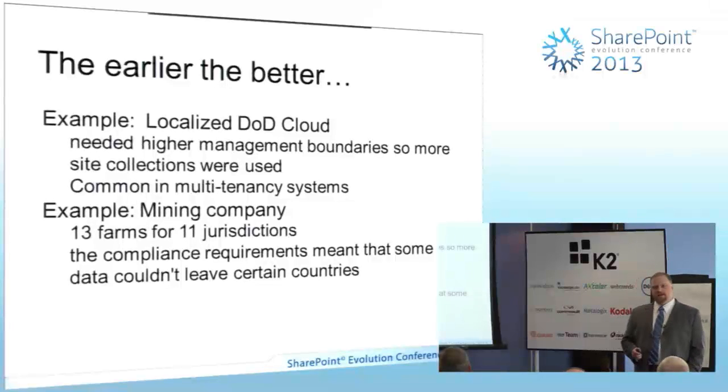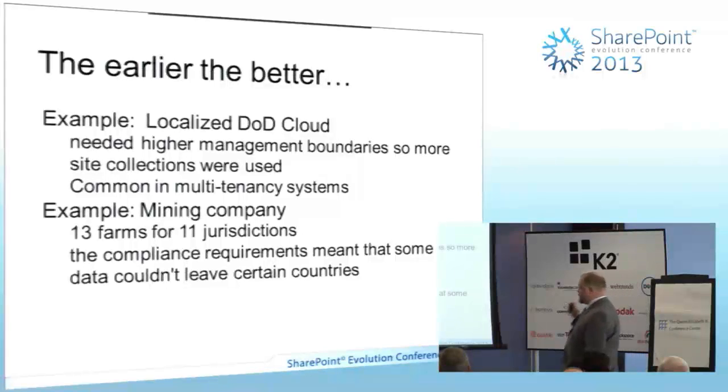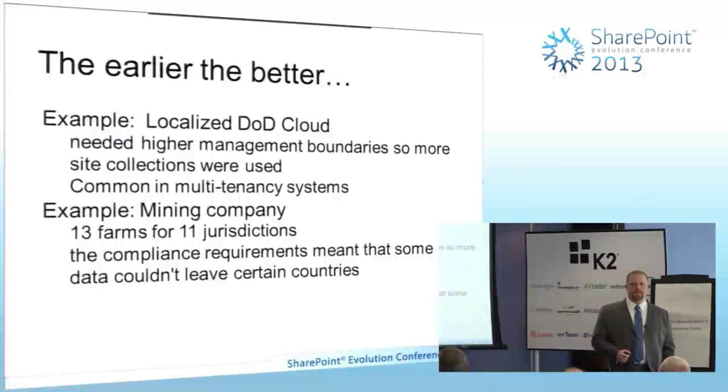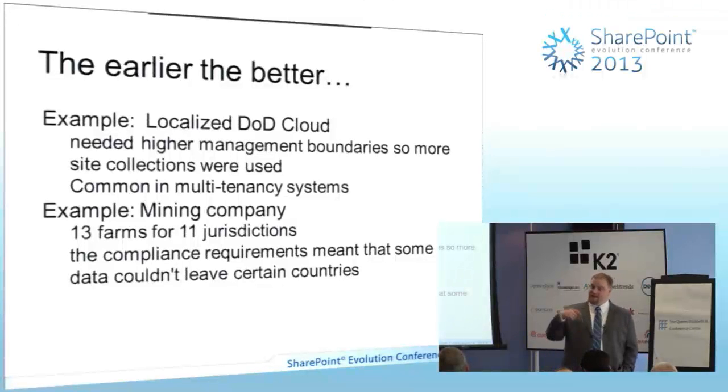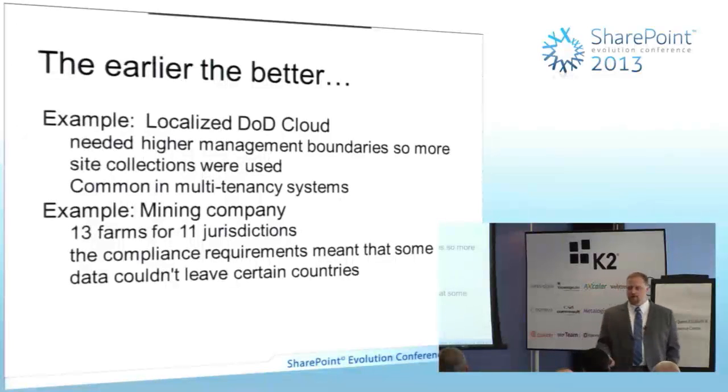The problem was that there were compliance measures that prevented certain data, certain content from leaving the country. So it can't be transited across a national boundary. Well, that kind of limits the usefulness of a remote hosted solution when the data that you actually have to keep in the country is stored in a completely different country. So that drove a very specific and a very extensive architectural change in the solution.